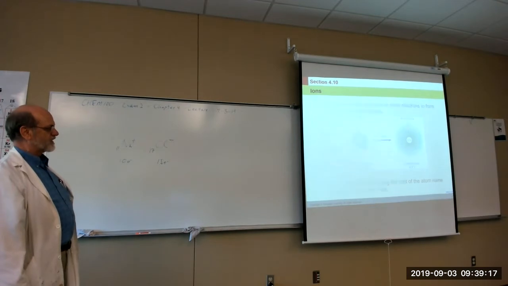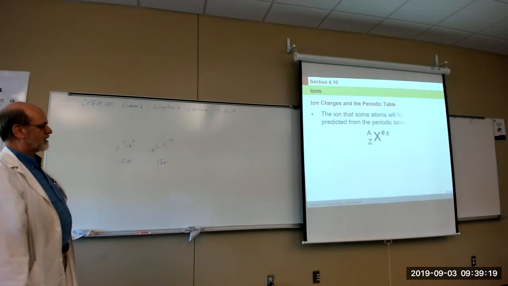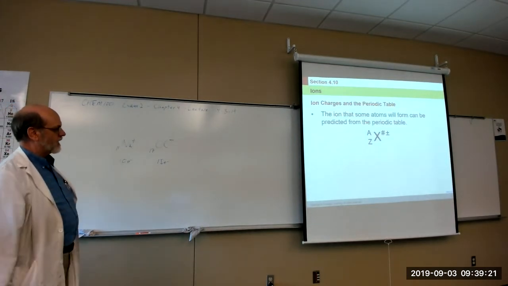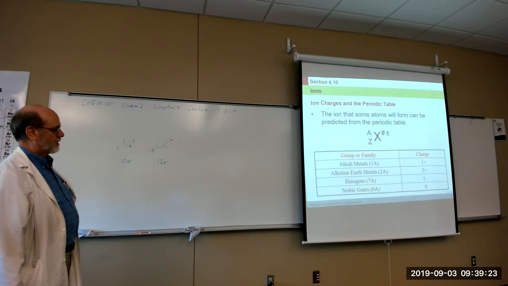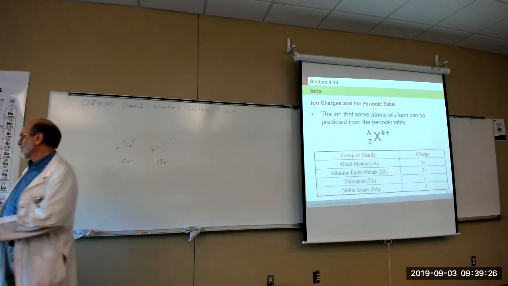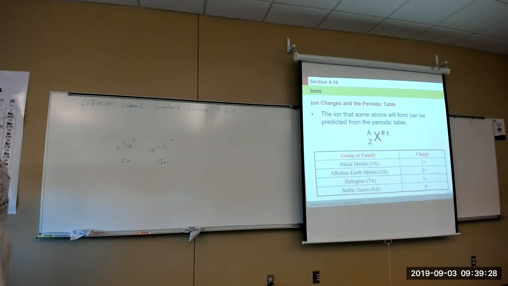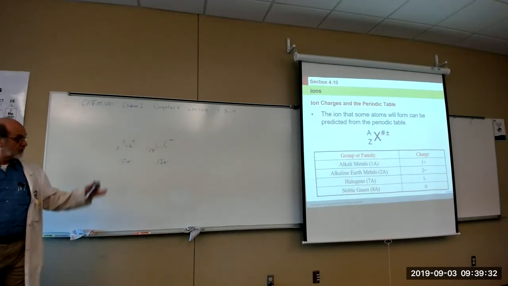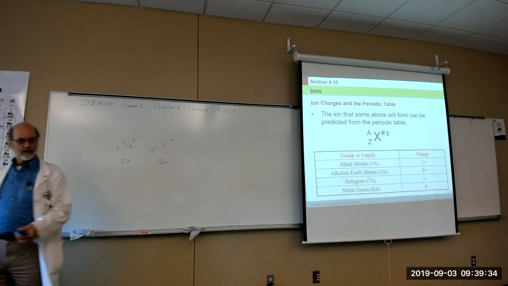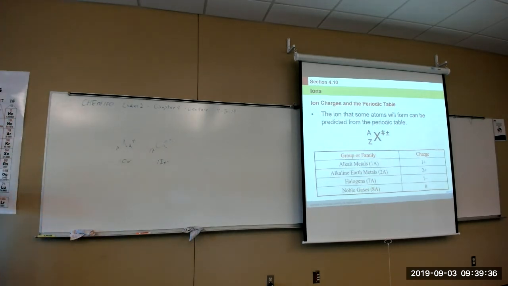Okay, let's see. So we've gone over that. Now, generally speaking, when metals and nonmetals combine, they form ionic compounds. They do it this way. And when they do that, each group has a characteristic charge.